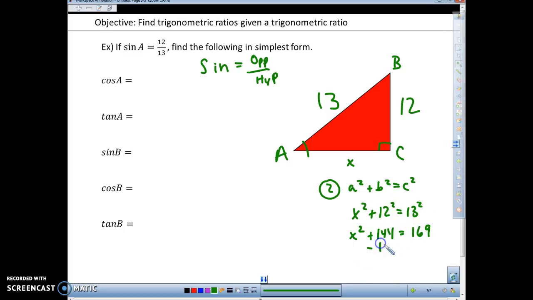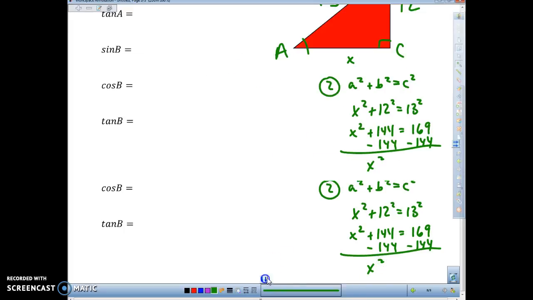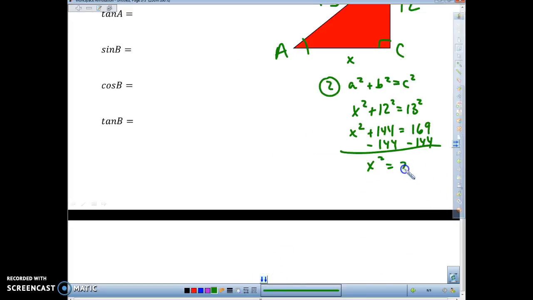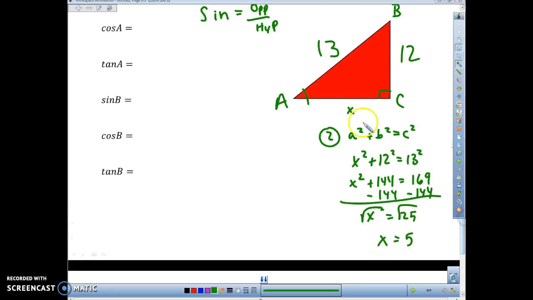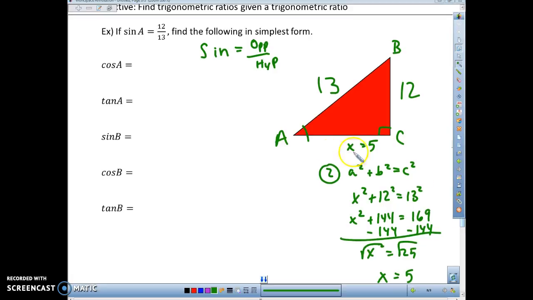I'm going to subtract 144, and we get x squared is equal to 25. Take the square root of both sides, and we get x is equal to 5. So therefore, this side is 5.